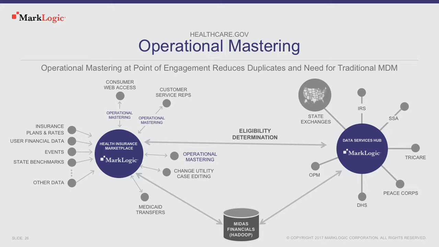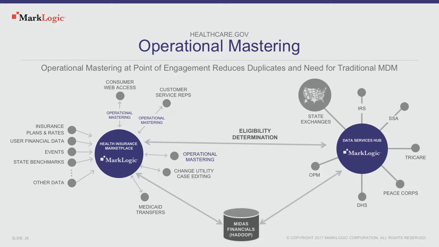Data finds its way into healthcare.gov in a number of different ways. A single person can abandon their application a number of times, come back in, and there's multiple copies of their application lying around. One of their family members, unbeknownst to them, may have gone in and filled out an insurance application.